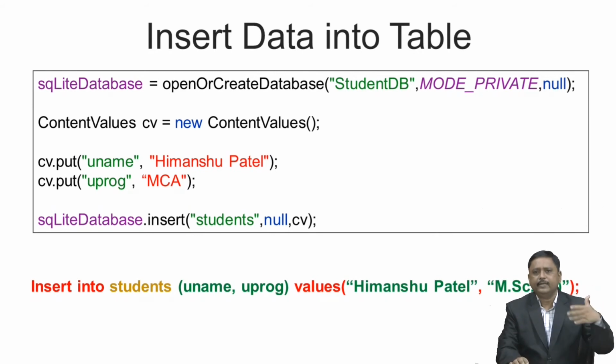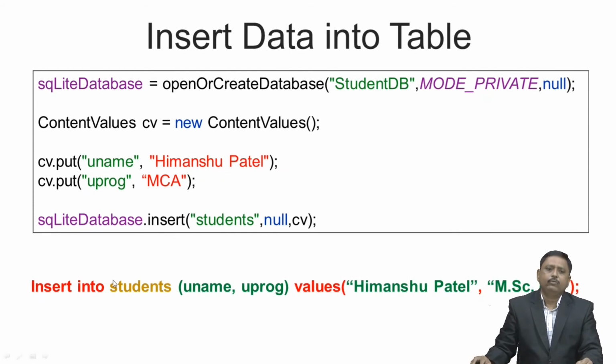That is why there is no need to specify ID. The SQLite database will take care of it and automatically increment the value of ID each time you insert data into the table. Then you have to call the insert query on the database. So, I write SQLiteDatabase dot insert. The first argument is the name of the table, the second is null, and then you have to specify the actual content values.